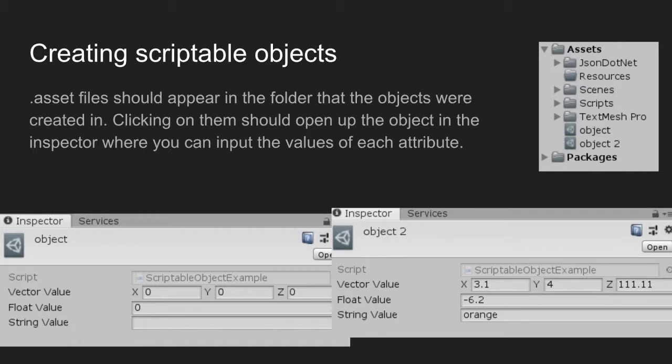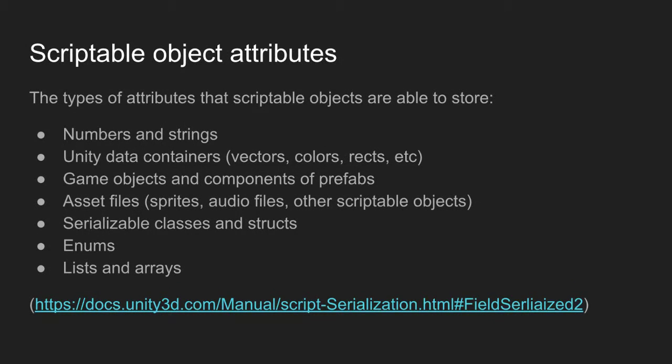Like in this one I did 3.1, 4, and 111.11 for the vector. So now when you use the scriptable object somewhere, you can access those values.